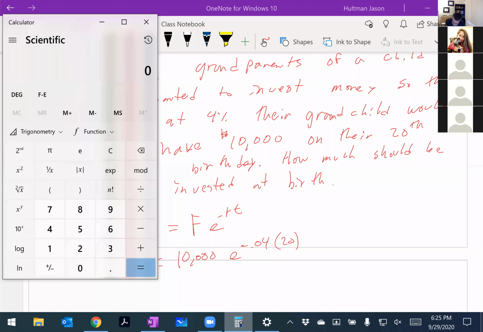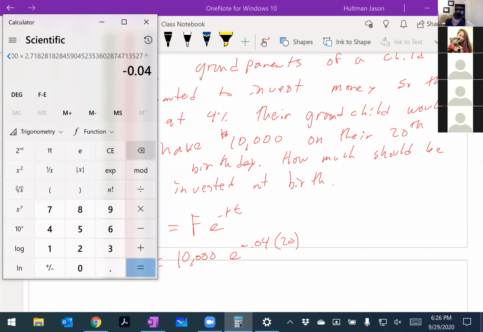Okay, so we're going to say 10,000 times e raised to the negative 0.04 times 20.